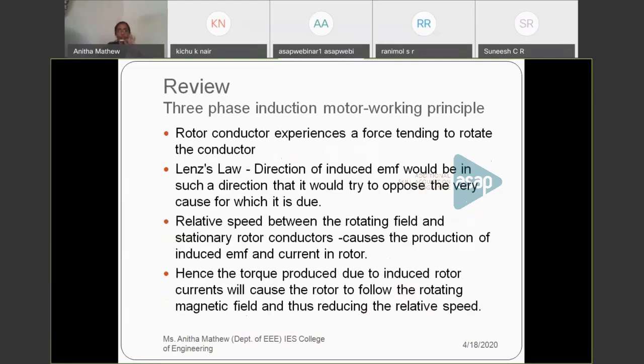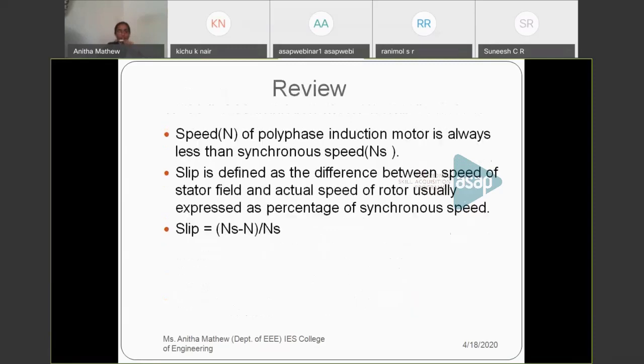Another important quantity is slip, which is the difference between the speed of the stator field and the actual rotor speed, that is, the difference between the synchronous speed and the rotor speed.